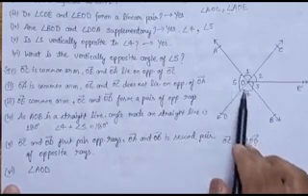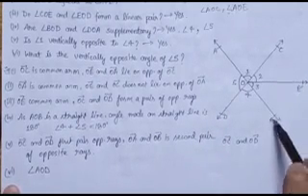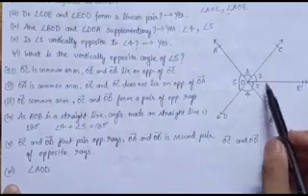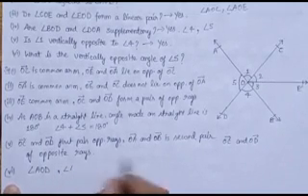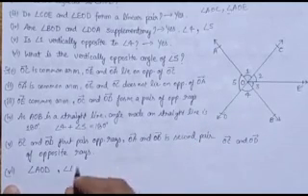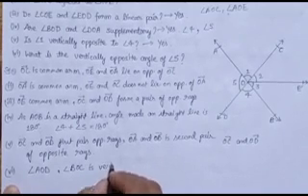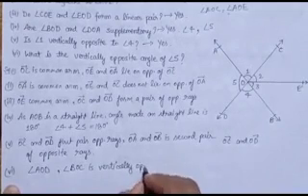So for angle AOD you can see that angle BOC is the vertically opposite angle.